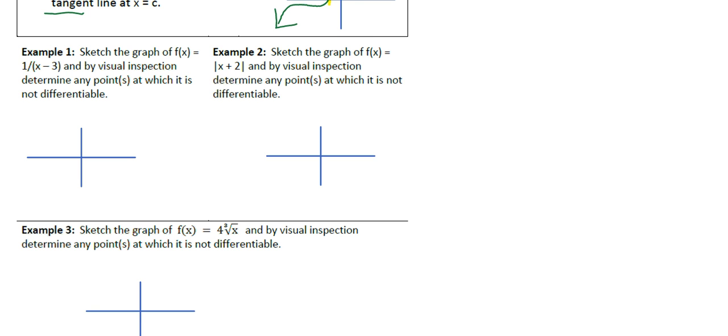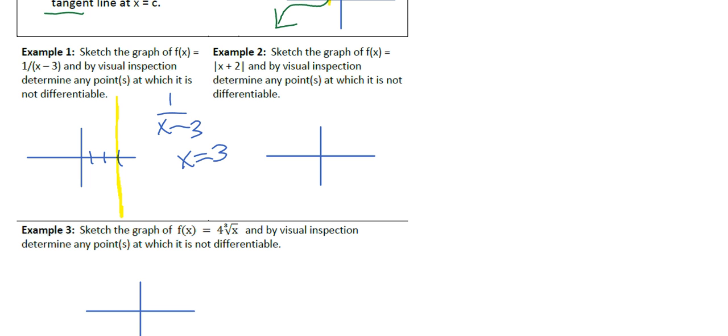What we're interested in is when this function has any discontinuities, and it looks like when x equals 3, the denominator goes to 0. You can't factor that out. So at x equals 3, you've got yourself an asymptote, a vertical one.